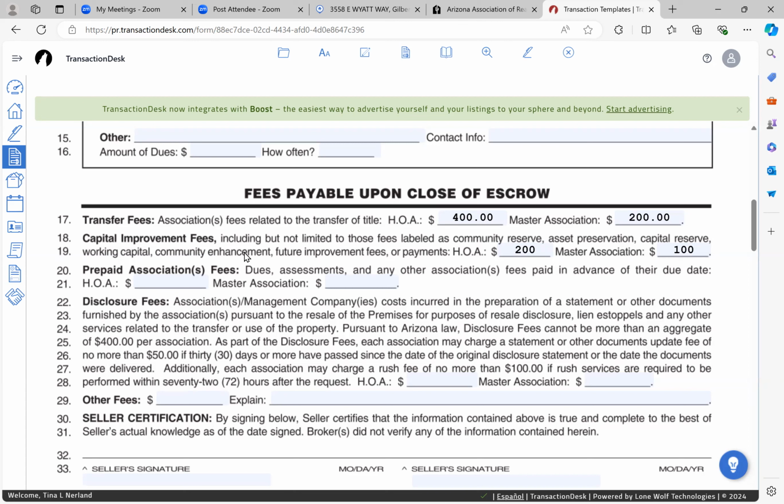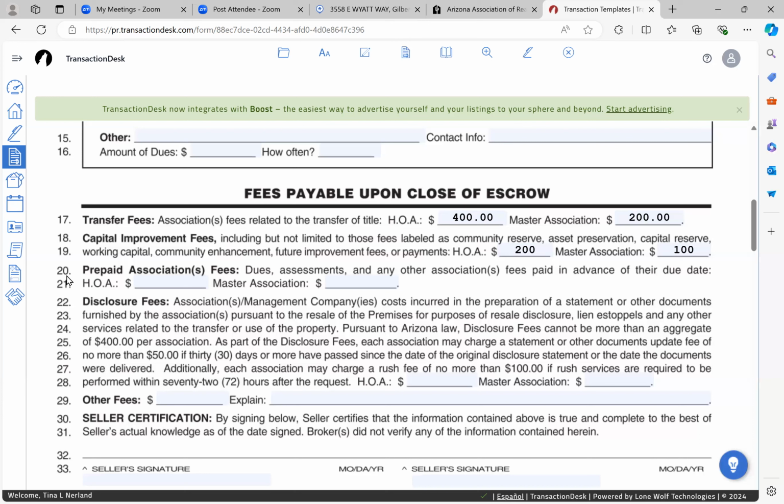But she was trying to state that we did not state that it was a community enhancement fee and that we were in the wrong and that we had to pay for all of that, because on page 3, we checked that if any fees were not disclosed, the seller would pay for that. Anyway, long story short, maybe call and verify the information that your seller is giving you before you actually go active. Any questions so far?